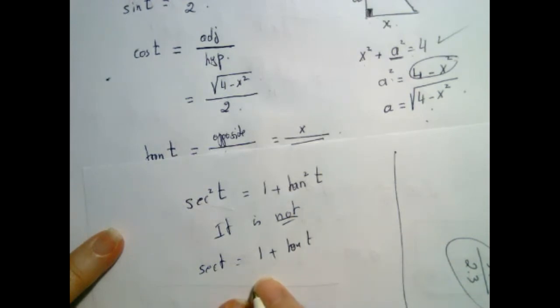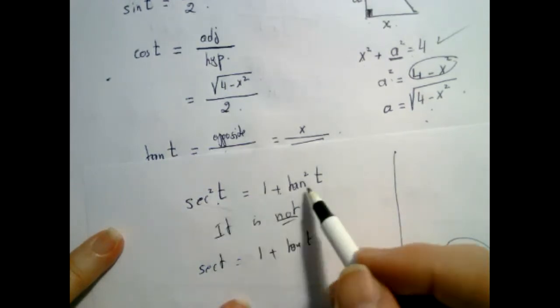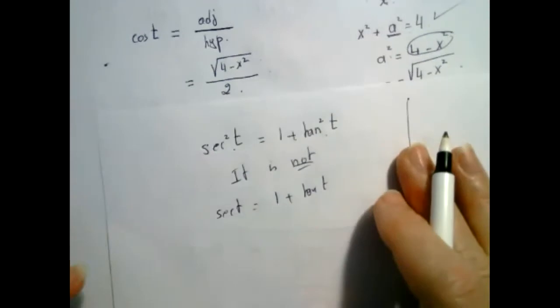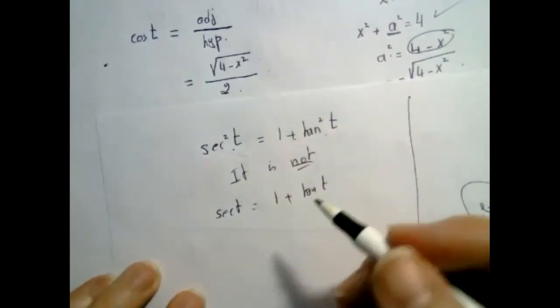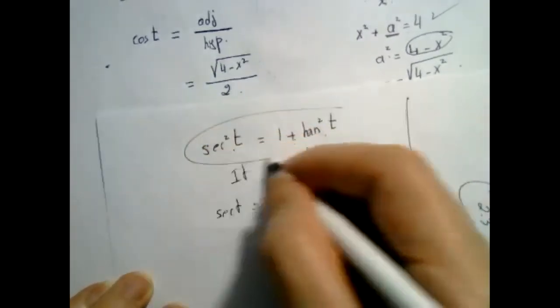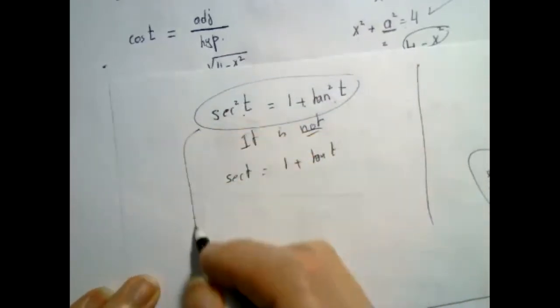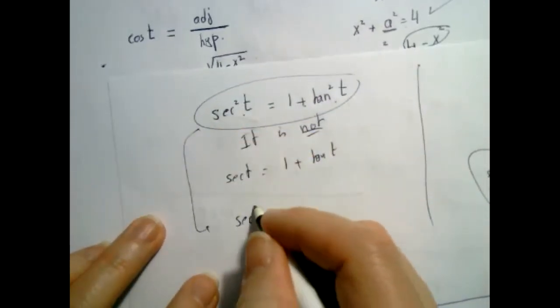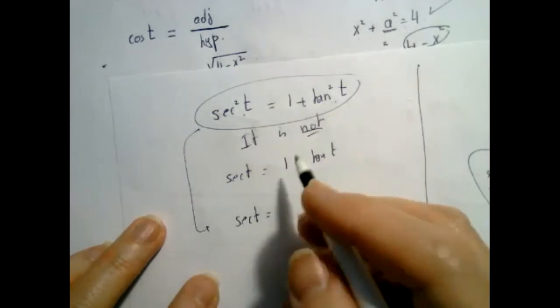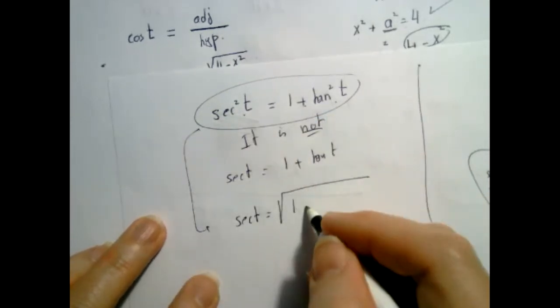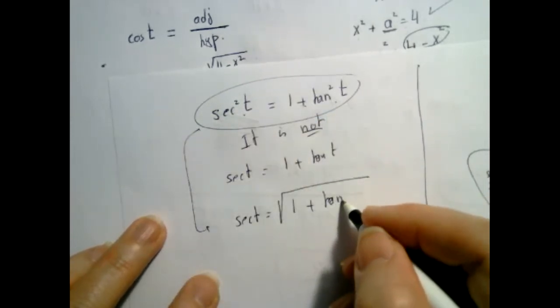This is not correct. It's the secant square, which is 1 plus tangent square. Now, you could tell me, if secant square is this, then secant is the square root, right?